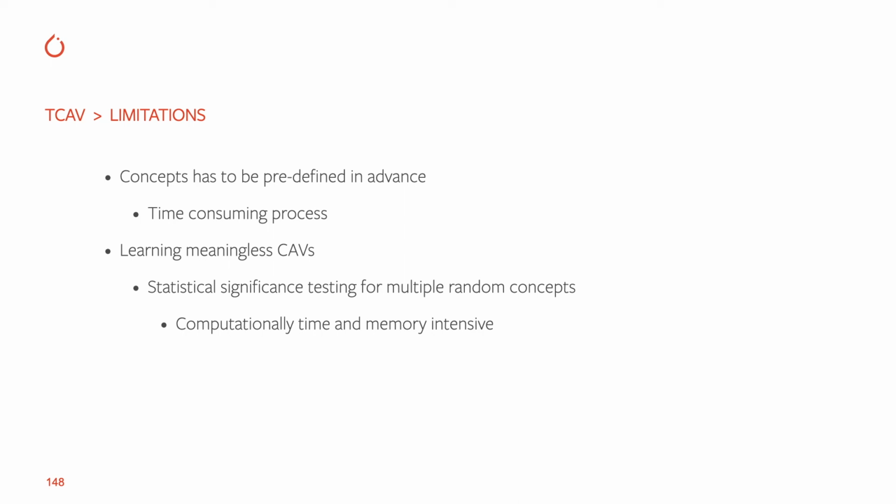Another problem is that the CAVs can be meaningless, as I mentioned in the previous slides. And we also saw in the previous slides that two-sided significance tests can help us with that, but for that we need to compute TCAV for a large number of experimental sets of concept and random images, and this can be computationally and memory intensive.